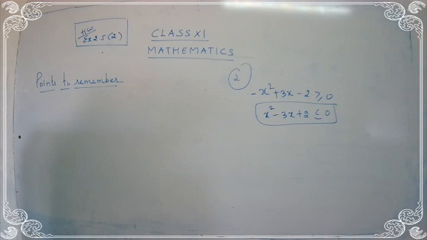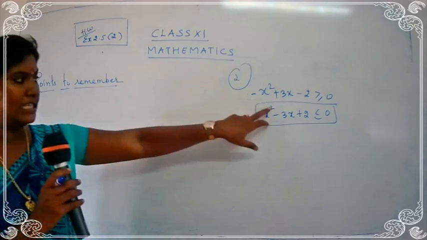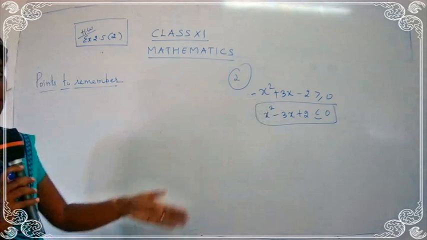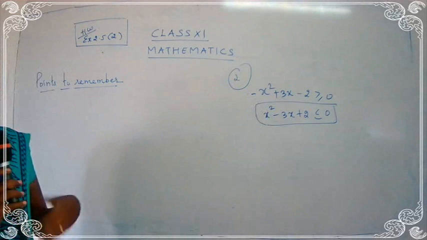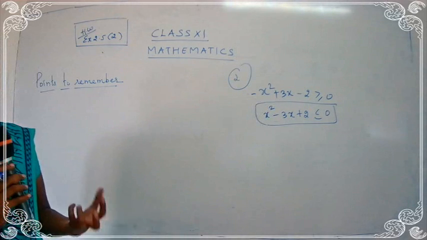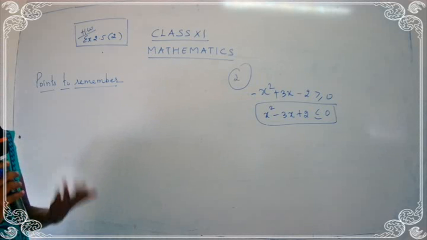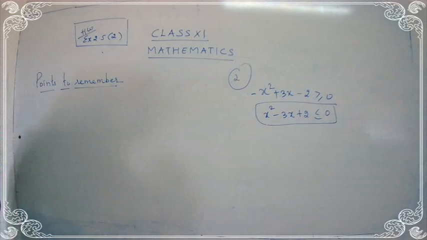For 2.6, you are going to deal with the polynomial function. Till now, in exercise 2.5, we were dealing with the quadratic function. Quadratic function means the degree was 2, the highest power was 2. Now we are going to deal with a power which is more than 2, a polynomial function. So you may have a degree greater than 2.